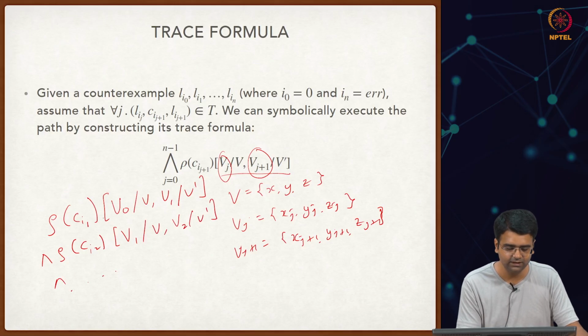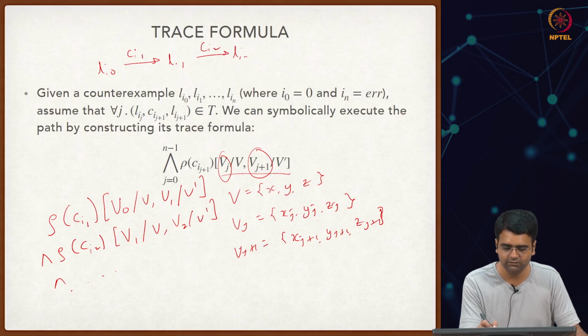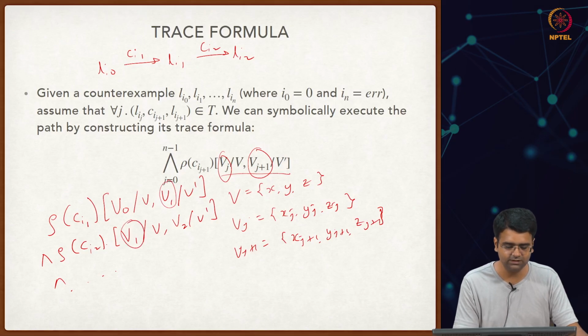So v0 is the start program state and v1 is the end program state after executing ci1. Now remember ci1 is the edge from li0 to li1, and ci2 is the program command from li1 to li2. So v1 is then the start program state of the command ci2, meaning we have fed the end program state from ci1 to the start program state of ci2, and so on.